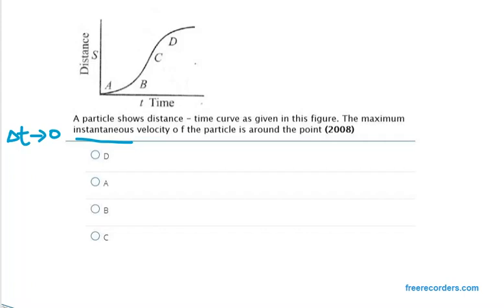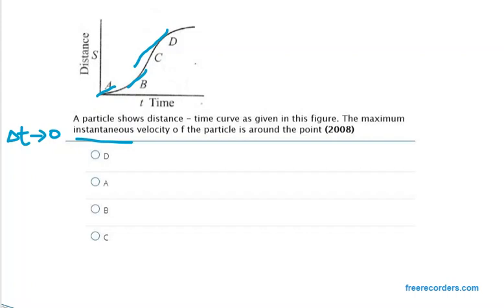So it says, what is the maximum instantaneous velocity of the particle around the point. From the figure you can see there is no slope for A, very little slope there, and again for B it is very little, there is no sloping region. Now when we see point C, it is the steepest region.